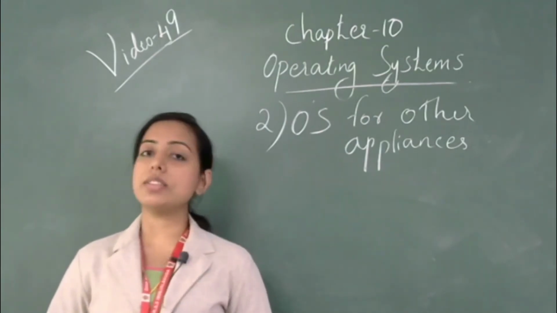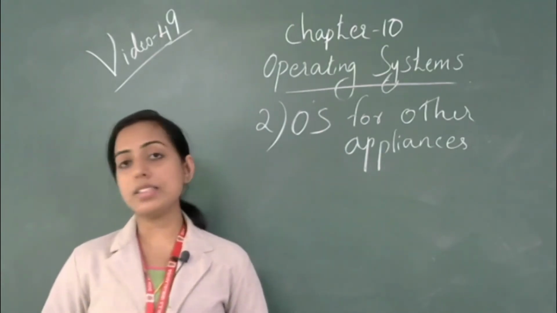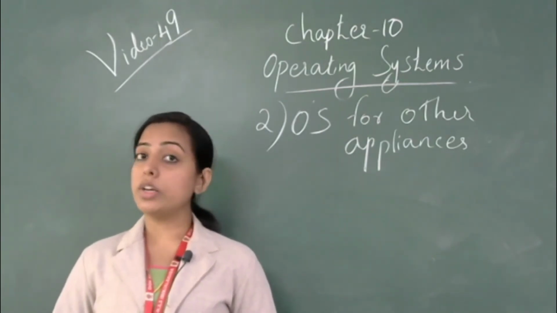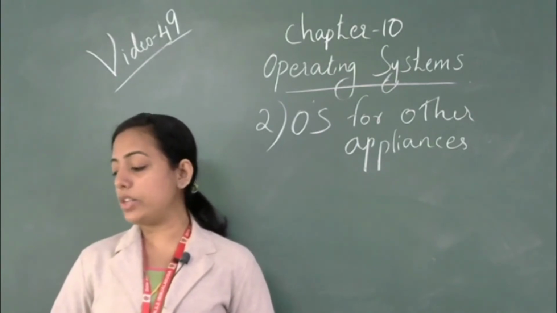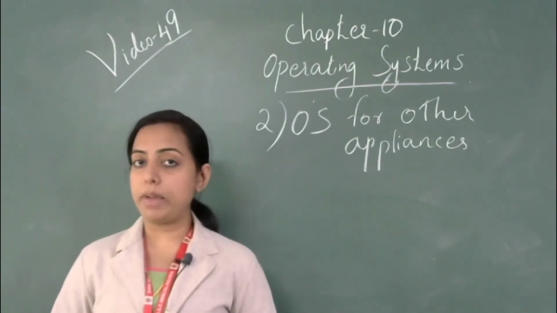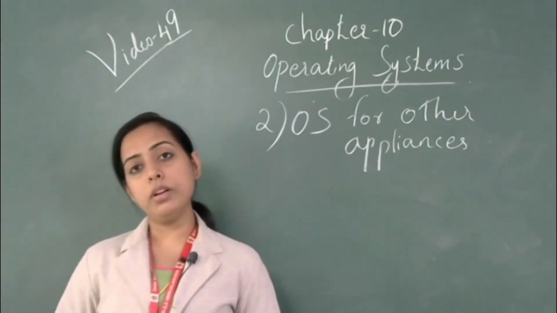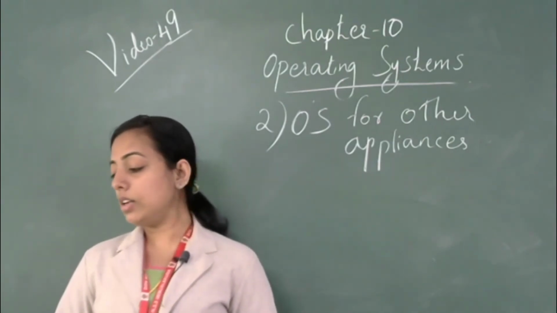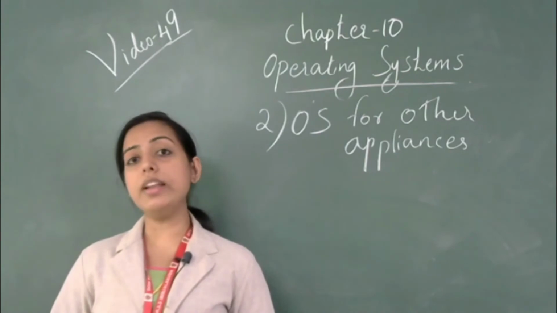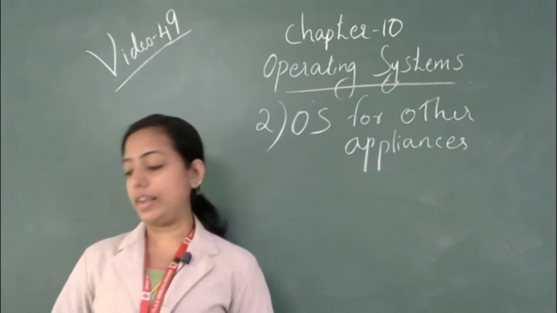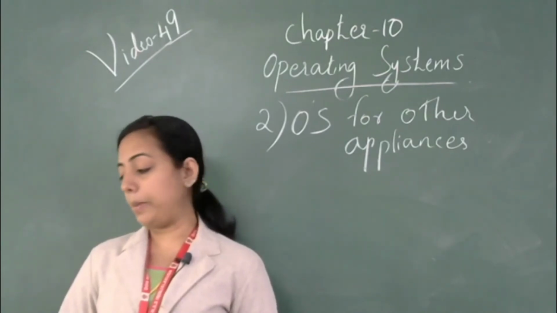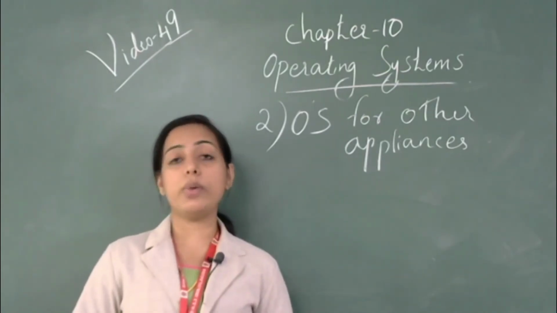The second one is iOS, the company is Apple Corporation, and the basic program used is Unix. The third one is Windows 10 Mobile, company Microsoft, basic program Microsoft Windows itself. The next operating system is Tizen, the company is Linux Foundation, and the program is also Linux. The last one is BlackBerry 10, BlackBerry Limited is the company, and the basic program is QNX.